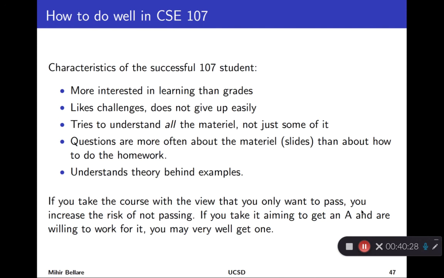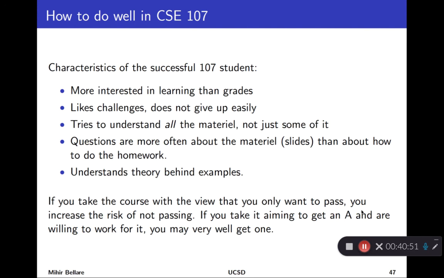Another characteristic of successful students is that they tend to talk more and have questions more about the actual material than of the form, how do I do this homework? Yet another characteristic is that although we will see many examples, there's an understanding that examples are only illustrative and one has to understand the theory behind them.